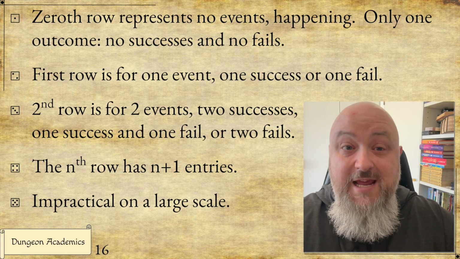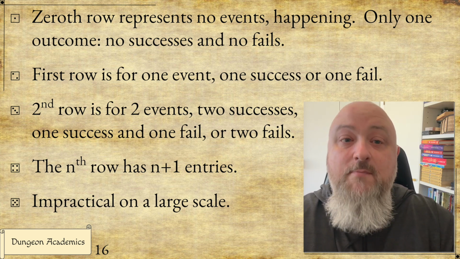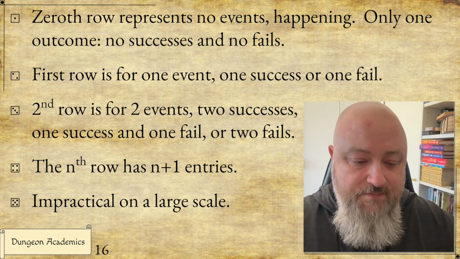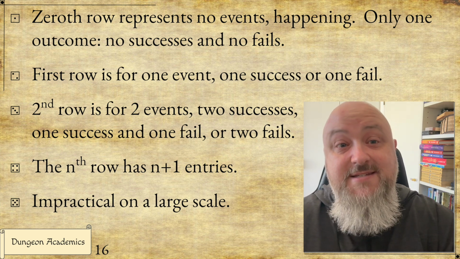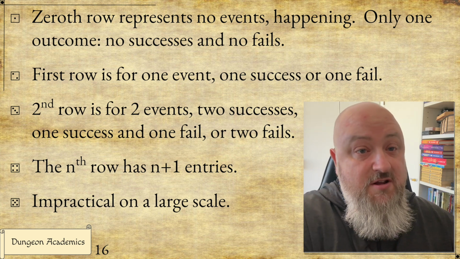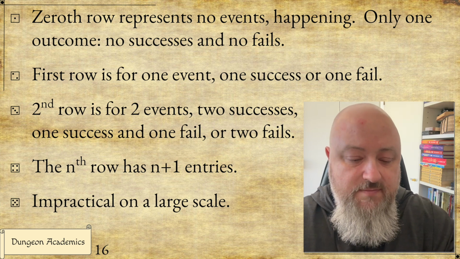Important to note that each row has n plus 1 entries, because there are n plus 1 different combinations of events. The fifth row in this case has 6 entries representing all the possible outcomes from 0 successes and 5 fails to 5 successes and 0 fails.